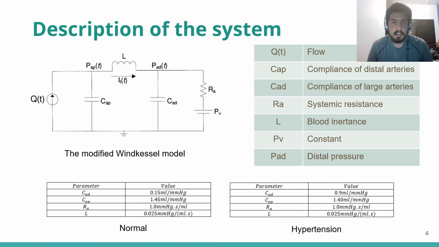So here's the model, the circuit, and we have Q, that is the flow. CAP is the compliance of the distal arteries. CAD is the compliance of large arteries.